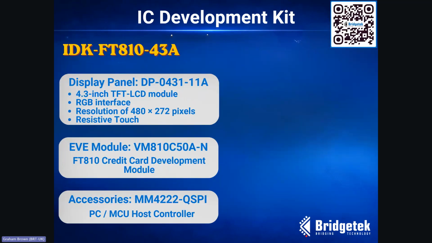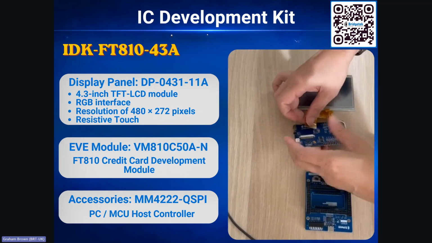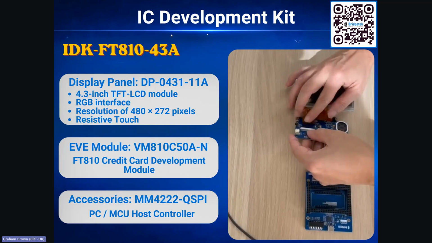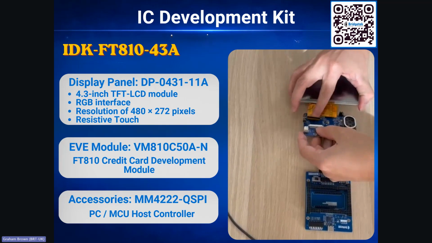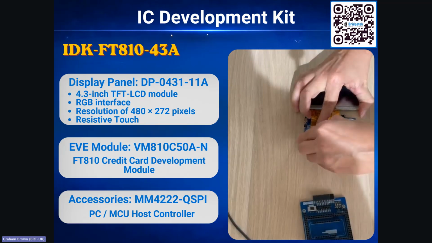Now, let me introduce you to our Bridgetek FT810 development kit with a 4.3-inch display. The kit is designed to make evaluation and prototyping simple and effective. At its core is the board powered by the FT810 embedded video engine, our proven graphics controller.